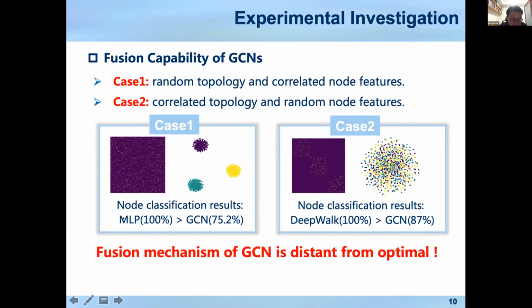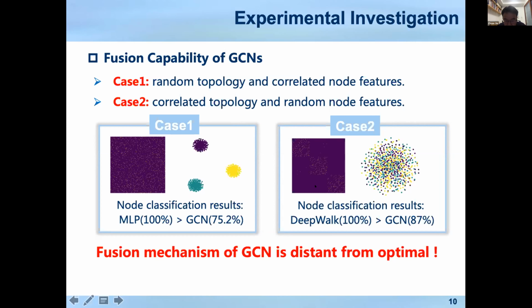It is reasonable because the MLP only handles the node features, while the random topology hurts the performance of GCN. In another case, we generated a graph with created topology and random node features, where the nodes are generated from three communities.